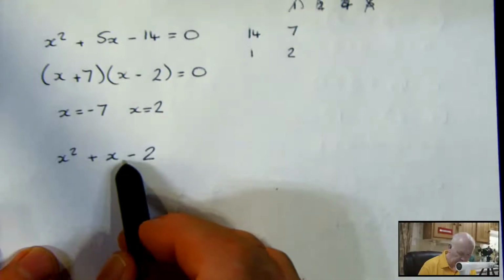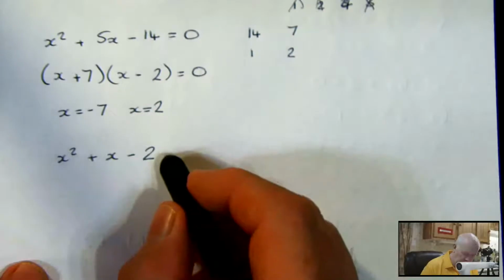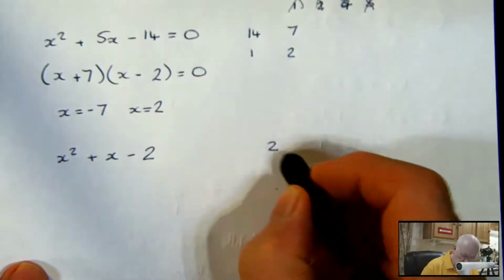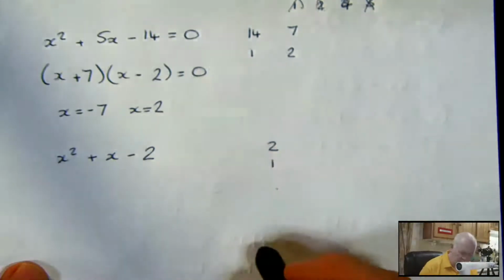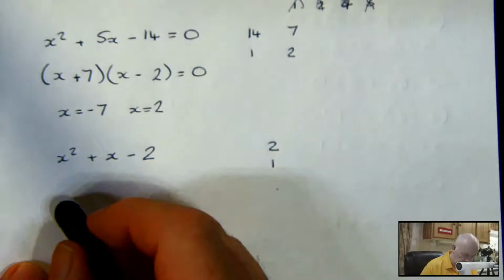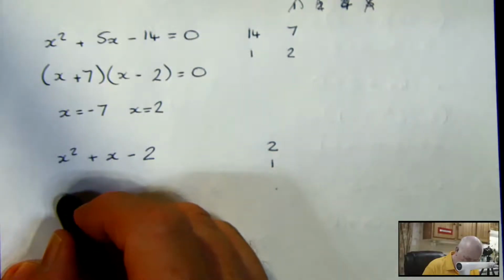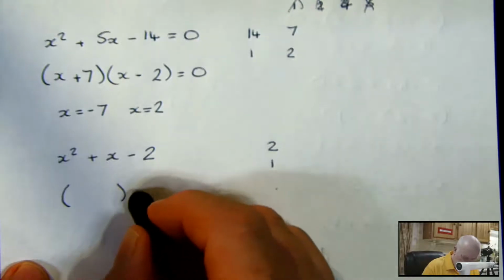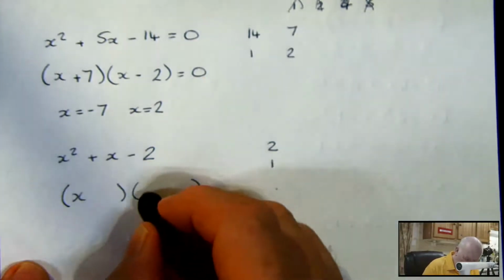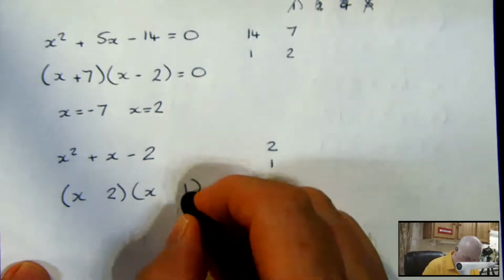Our middle term here is positive. Okay, so let's go ahead and try this one. My factors of 2 are only going to be 2 and 1. Okay, so let's have a go and see what we get. Let's open up our brackets. We've got our x's, and we've got 2 and 1.